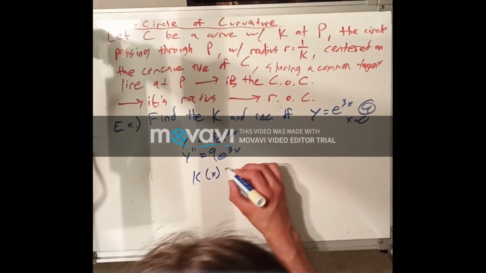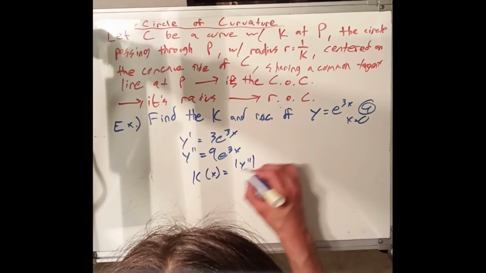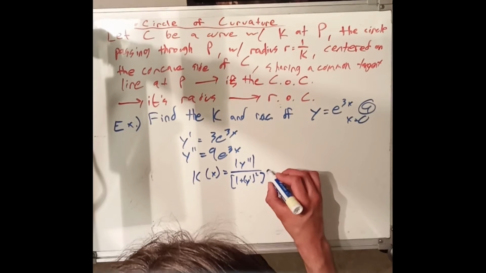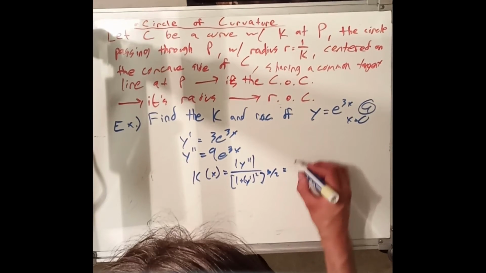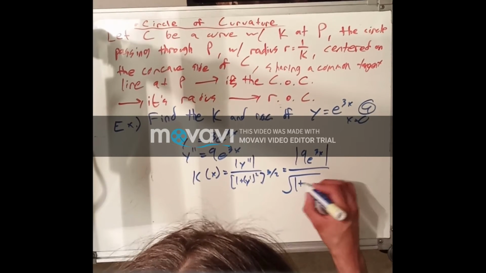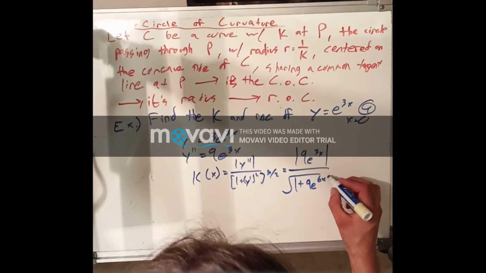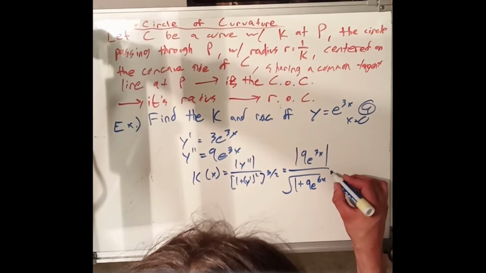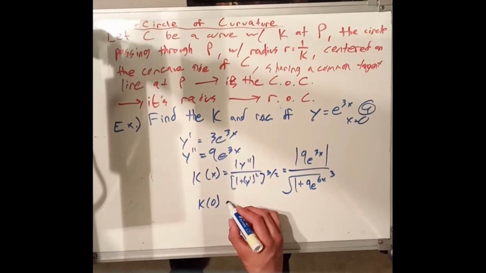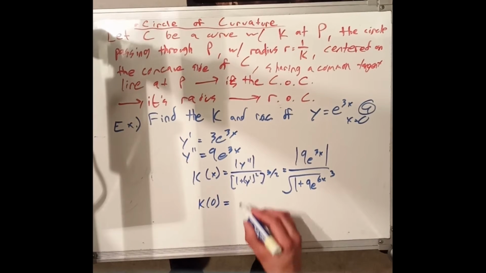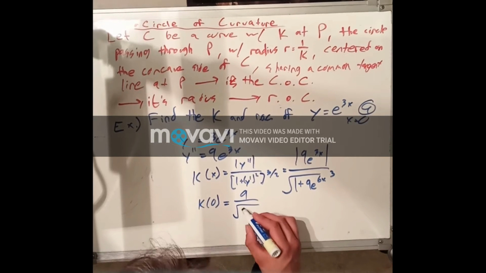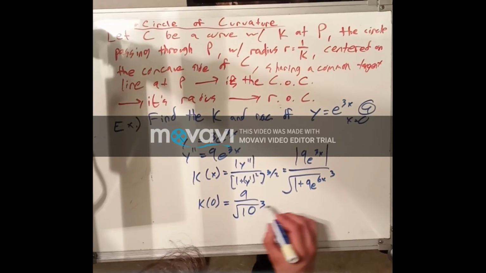So k of x is given by y double prime over the quantity, and if we plug in the point 0, it's easy to see that we get 9 over 10 cubed.